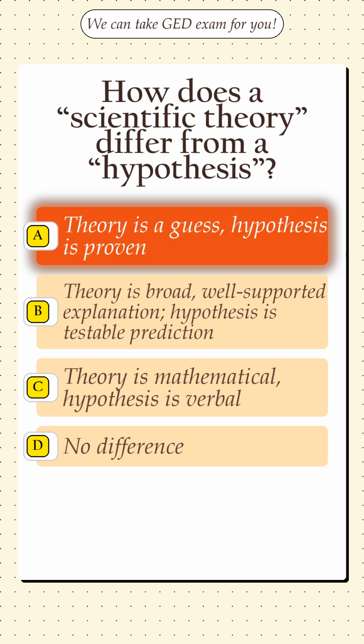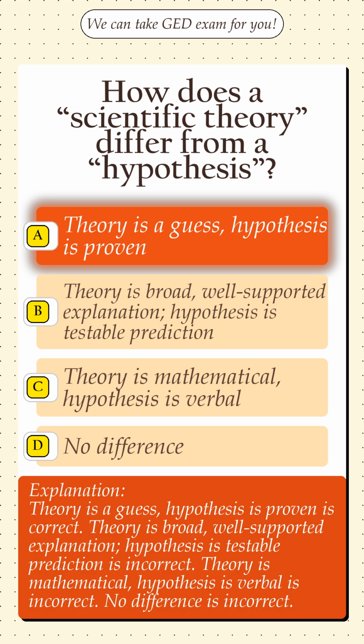The correct answer is option A, theory is a guess, hypothesis is proven. Theory is a guess, hypothesis is proven is correct. Theory is broad, well-supported explanation, hypothesis is testable prediction is incorrect. Theory is mathematical, hypothesis is verbal is incorrect. No difference is incorrect.